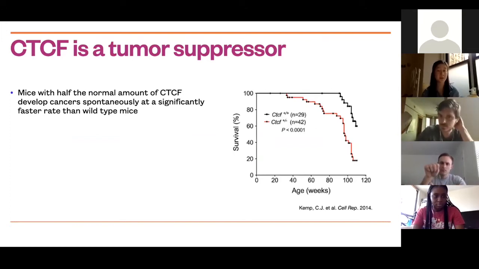We call this a heterozygous knockout, and it's represented on the graph by the red line, and the notation is CTCF plus/minus, indicating that it has only one copy as opposed to two copies. What they found was that these heterozygous knockout mice developed cancers spontaneously at a much faster rate than normal wild-type mice. So this is showing that normal levels of CTCF are actually required to prevent development of cancer.